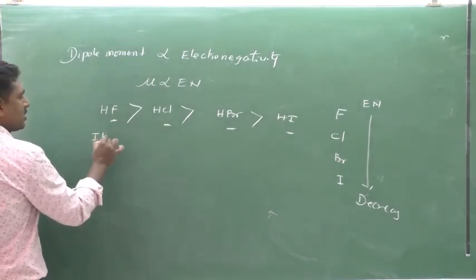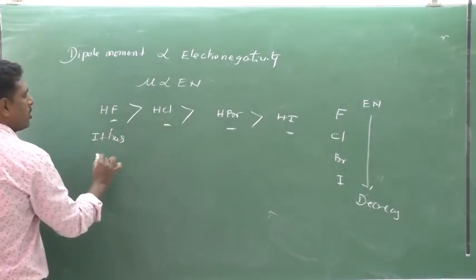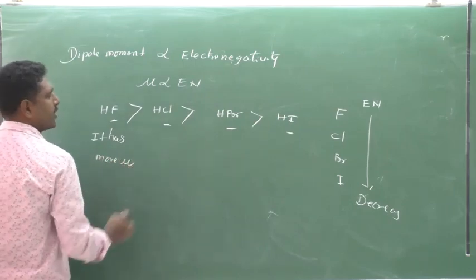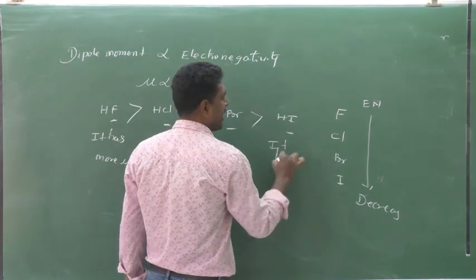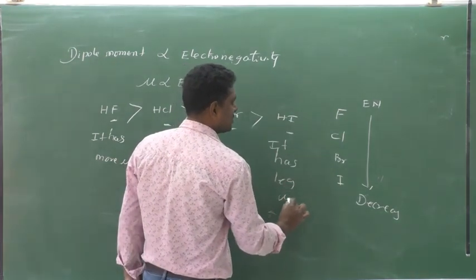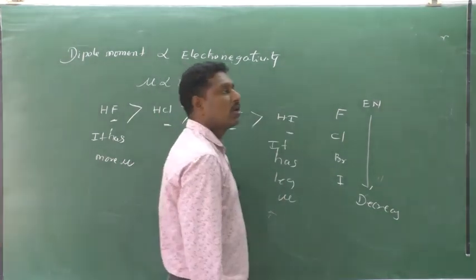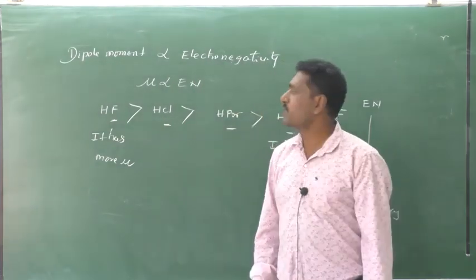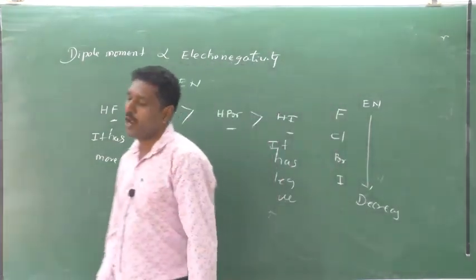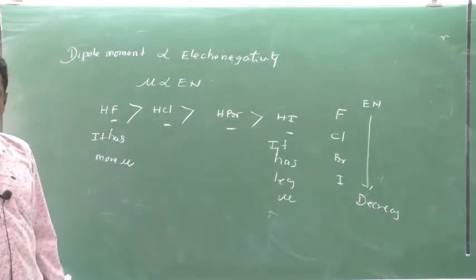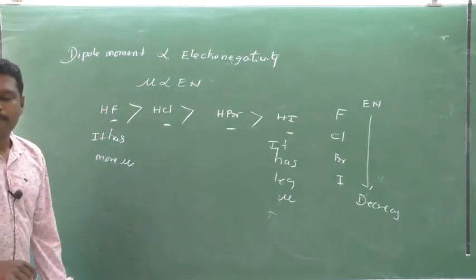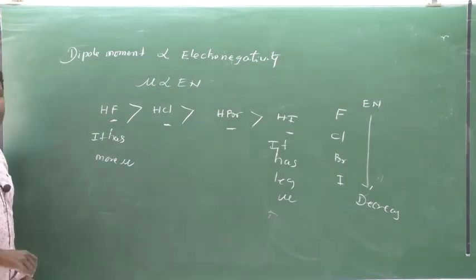The one with higher electronegativity has more mu, and the one with lower electronegativity has less mu. So dipole moment is directly proportional to electronegativity. After that, we'll discuss molecules having homoatomic molecules.